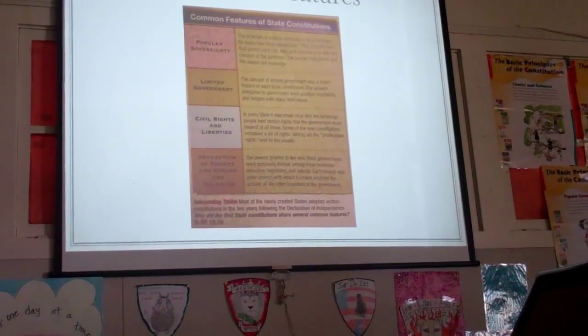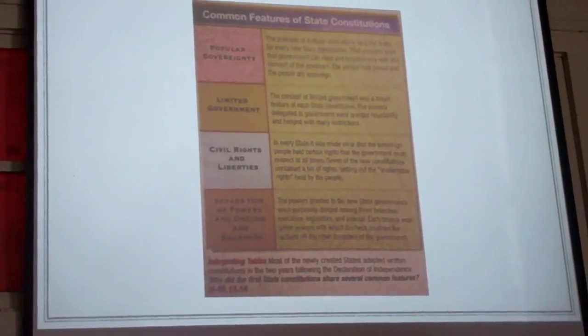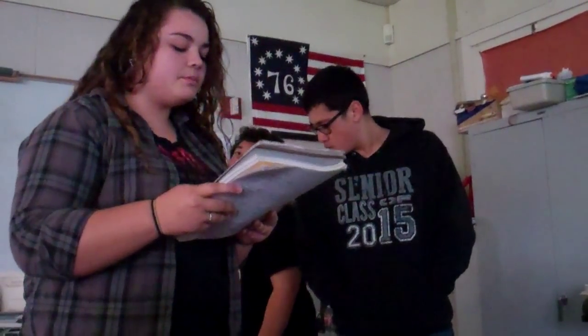And this is a picture of the chart from the book. It outlines the common features of the state constitutions, which include popular sovereignty, which is the fact that the government can exist only with the consent of the governed, of the people.